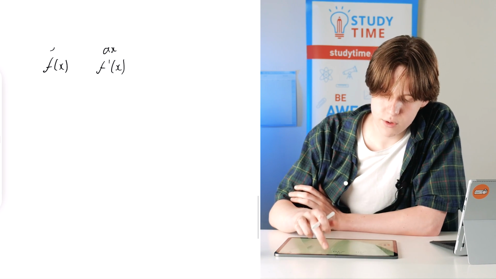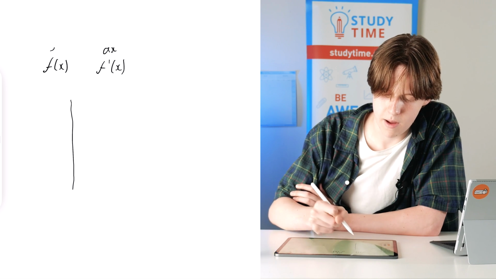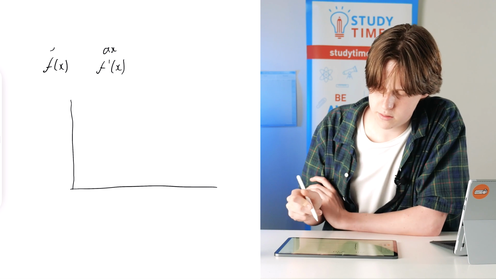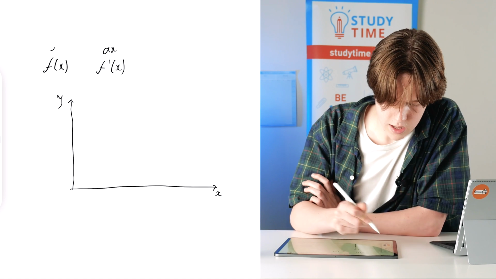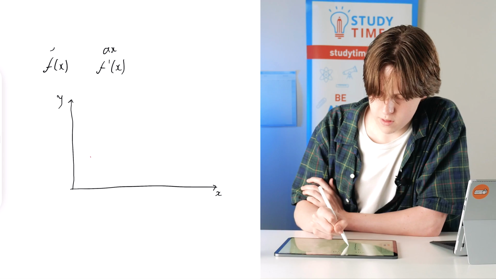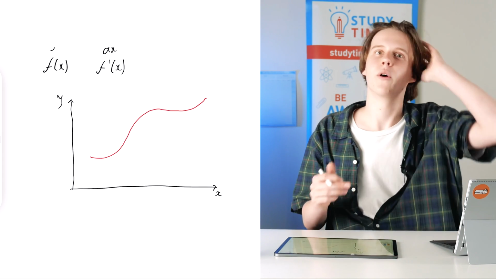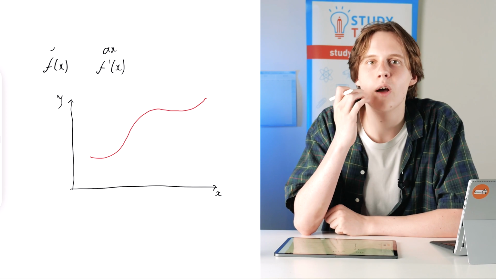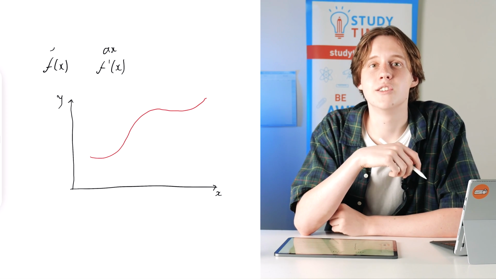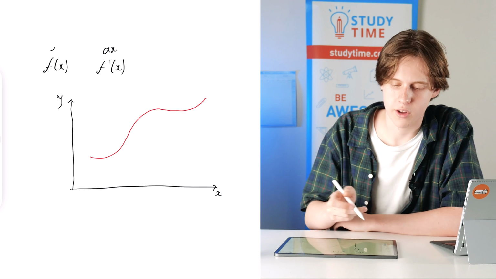Now, if I were to give you a squiggly line, a more complicated function, we would say, this way is still x, this is still y, and I'll draw it in red for you. Now, this is a function. I wouldn't know what its equation is, but now it's no longer straight. We know that the gradient is changing as we move across the x-axis.